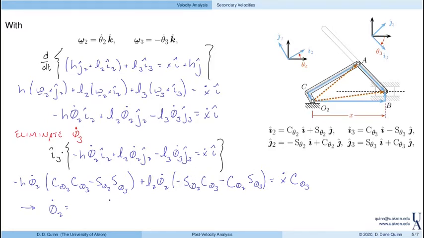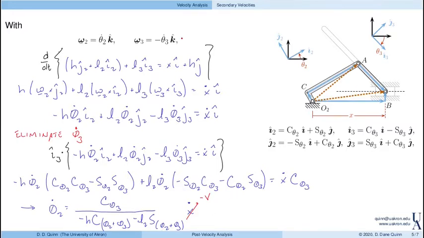All right, so this reduces to cosine of theta 3 times minus h cosine of theta 2 plus theta 3 minus L2 of sine of theta 2 plus theta 3 times x dot. Well, remember that x dot was given in the problem statement, right? So x dot is minus v.